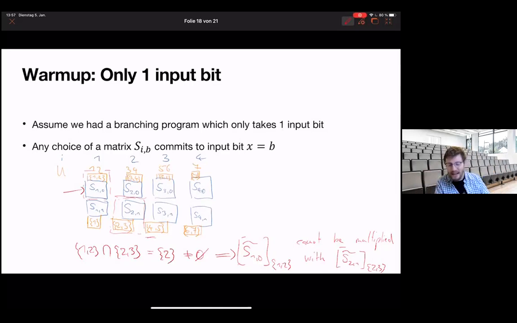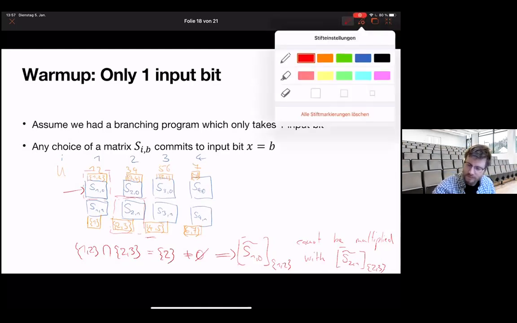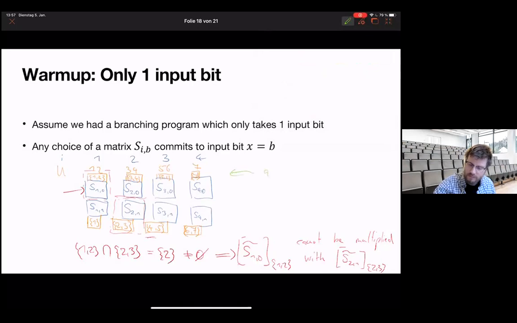But on the other hand, if I don't change my mind, if I go through with the same choice, then we see that all level sets up here are disjoint. And since they're disjoint, I can multiply these matrices together.